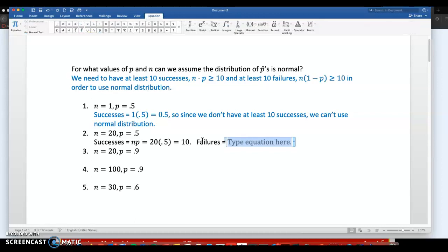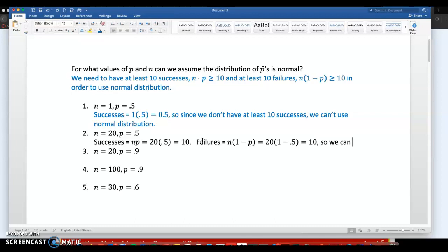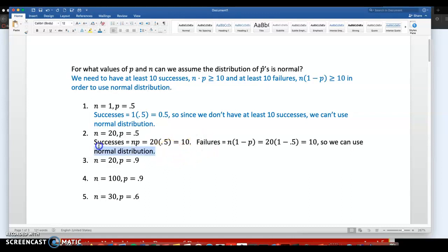That's n times 1 minus p, which is 20 times 1 minus 0.5. Since the probability is 50%, these are going to be the same. So we can use normal distribution, as long as we have successes and failures of at least 10.